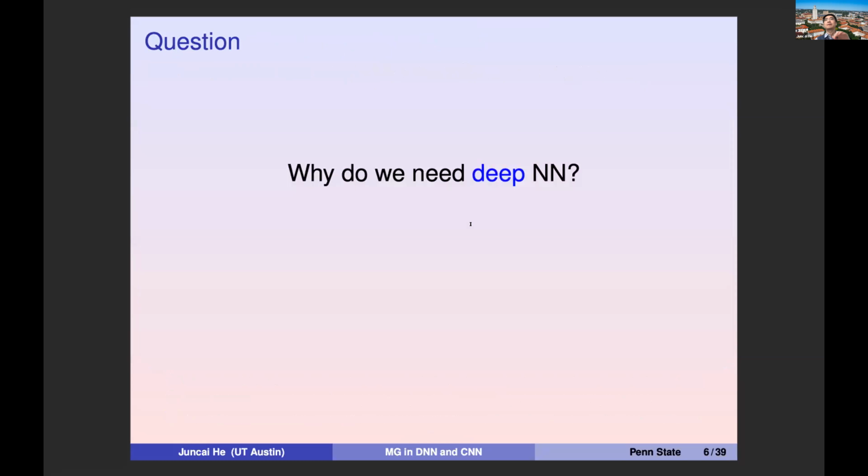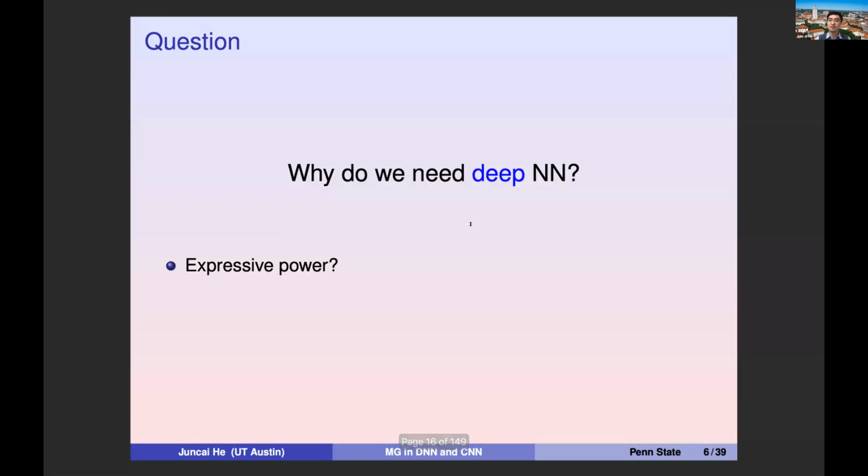So we see that DNN1, just one hidden layer neural networks, has such an amazing approximation result. So why do we still want to go deeper? Why do we need a deeper NN?